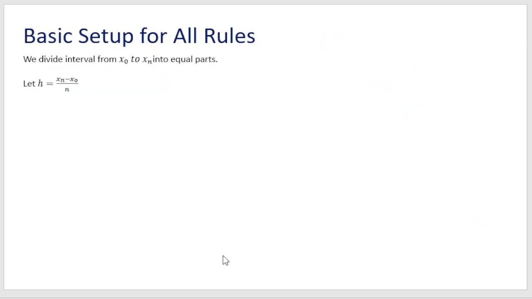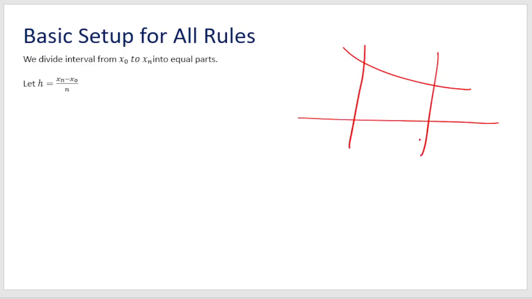First of all, we will set up the basic setup for all three rules. That is, we divide the interval from x0 to xn into equal parts. Again, I'm going to take this as a simple curve, and divide this interval.